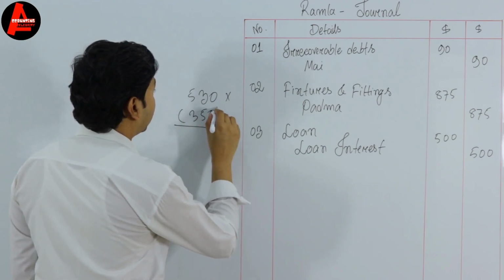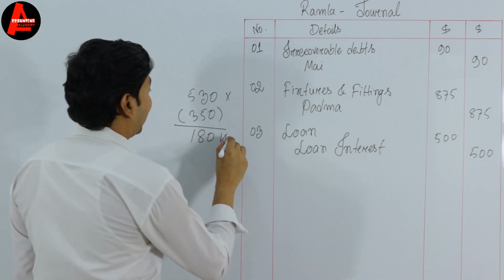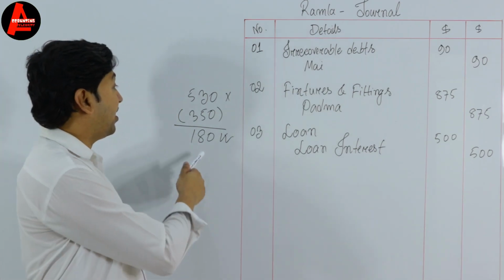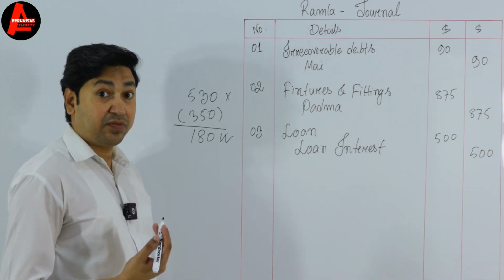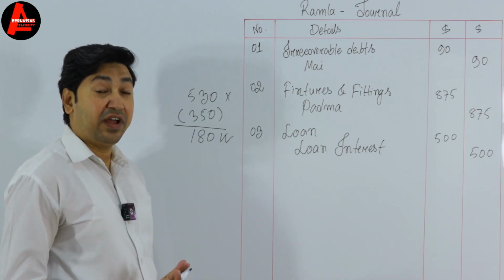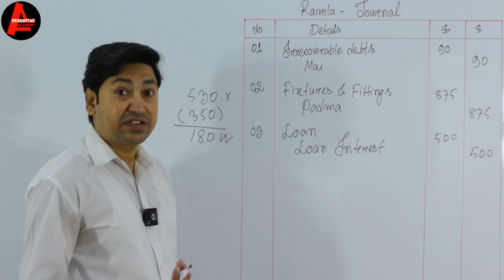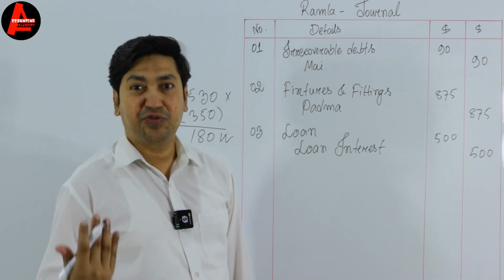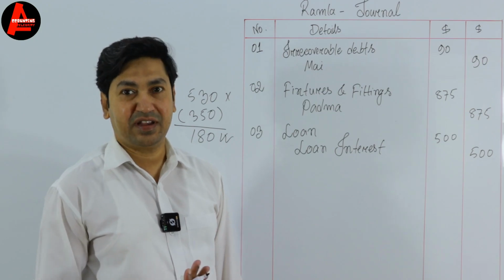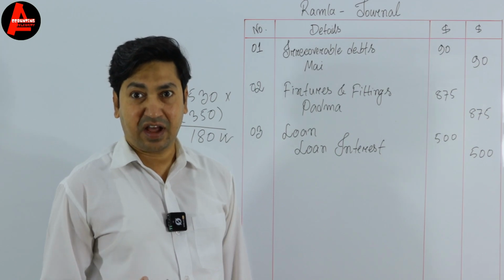If we subtract 350 from 530, we get $180. So here expense is overstated by $180. Rent is overstated by this amount. So now to rectify, rent must be decreased. Decrease in expense will be credited, and increase in expense will be debited. Rent is an expense, we have to decrease this expense now.